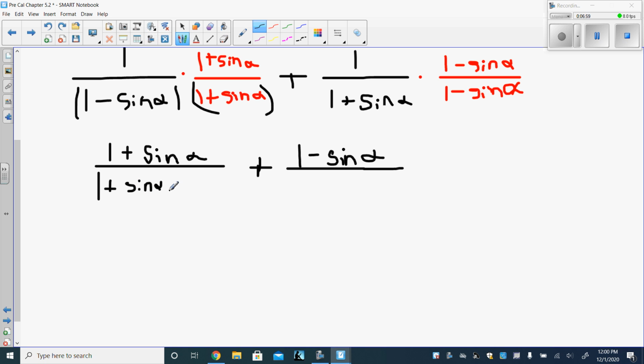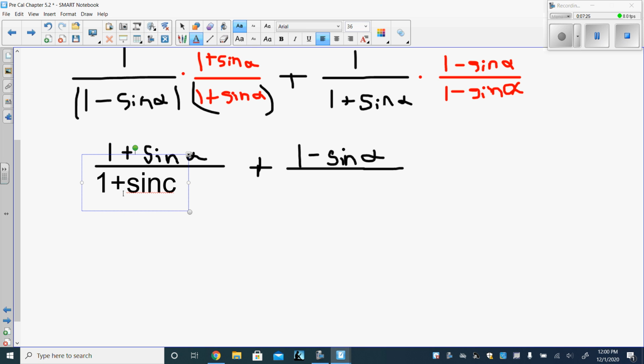Negative sine of alpha times 1 would be negative sine of alpha, plus sine squared of alpha, and not plus, it'd be minus. So we'd have 1 plus sine of alpha.